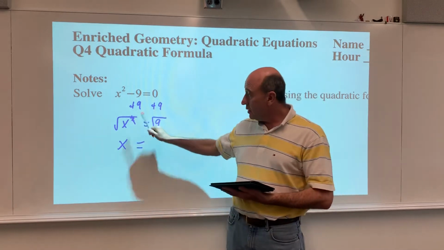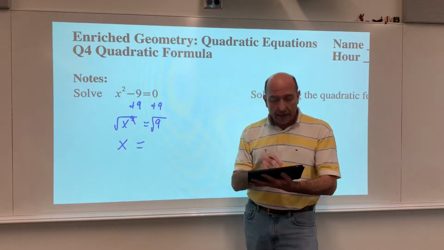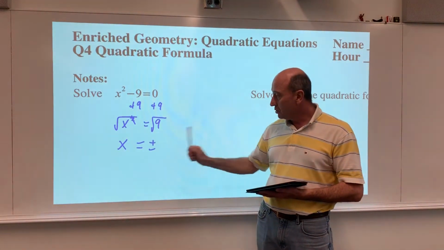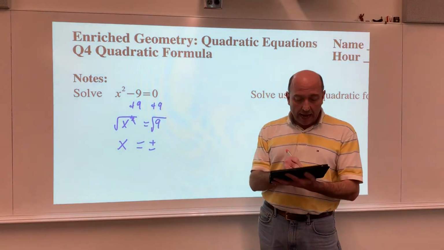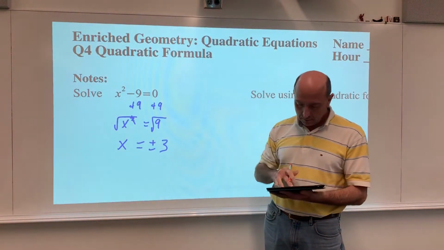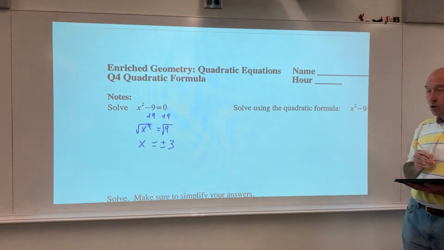So the square root and the square cancel. However, a positive number squared and a negative number squared are the same thing, so the plus or minus pops up from over there. Now the square root of 9 is 3, and we've done it. But what if we wanted to solve it using the quadratic formula?